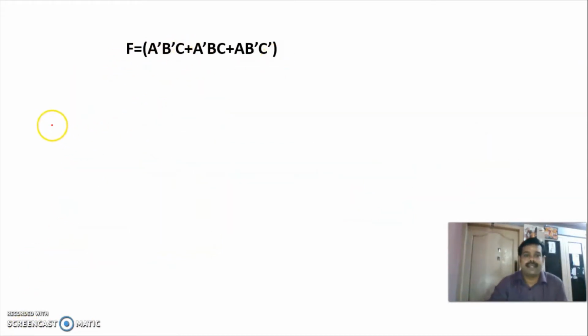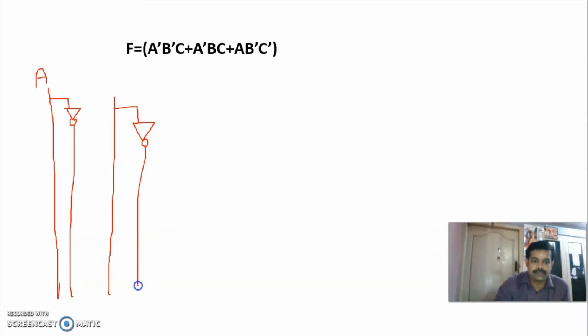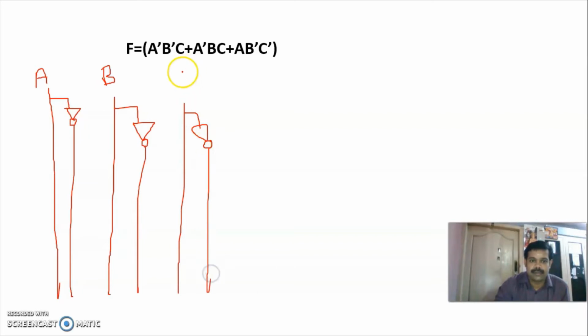So here you are having three variables A, B, and C. So A bar, A here, then B, and this is C. Okay.